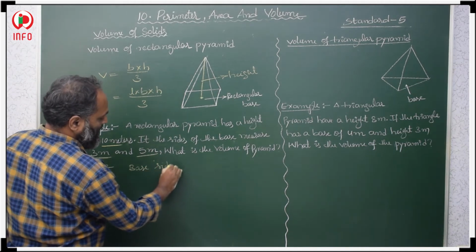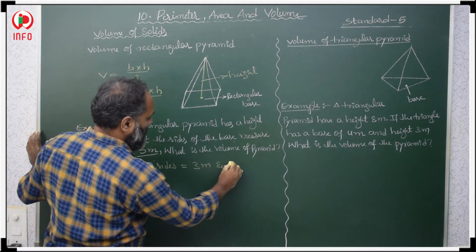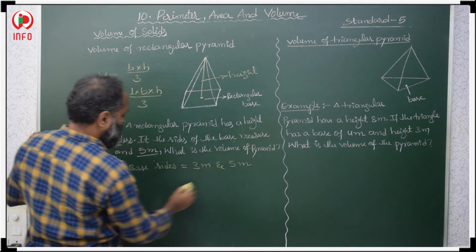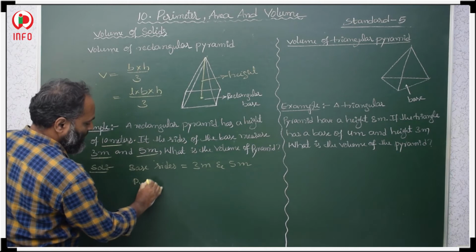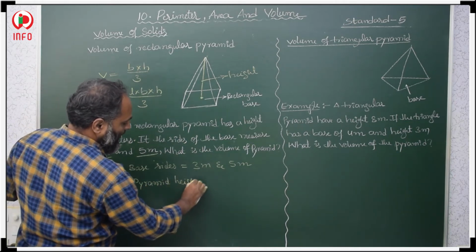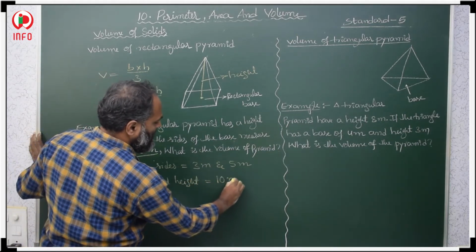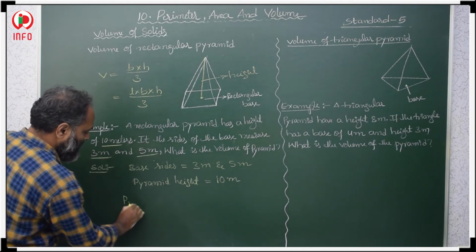So the pyramid base sides are 3 meters and 5 meters, and the pyramid height is 10 meters. Then the pyramid volume.